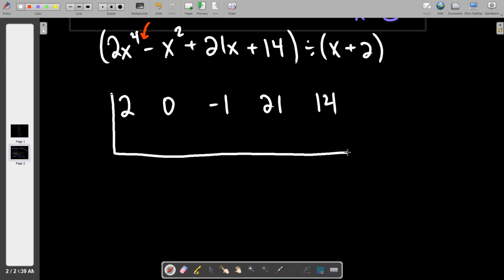What if they don't go smoothly? Like say it was like 2x to the first, and x to the third, and then it skipped x to the second. You mean like maybe our next example? Yeah, something like that. Everybody okay?